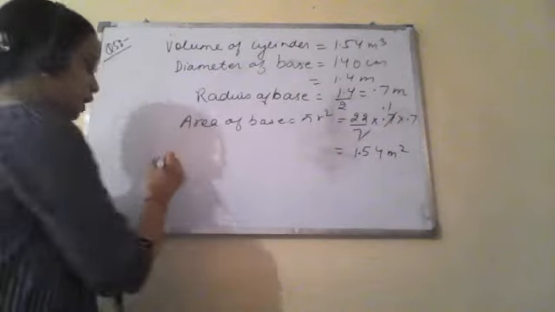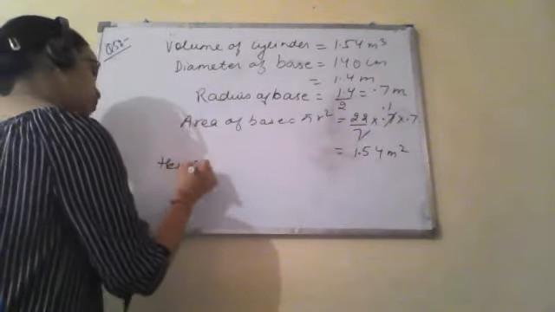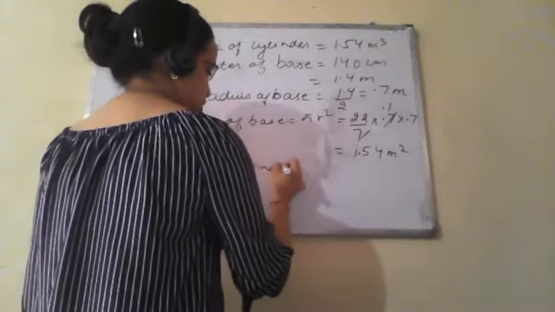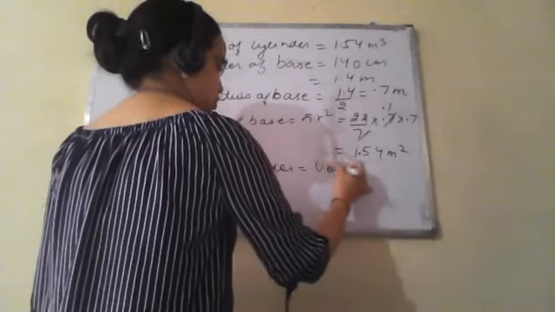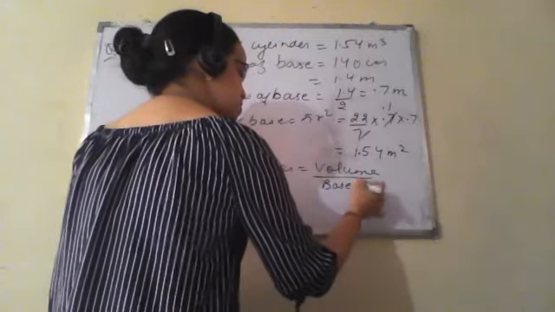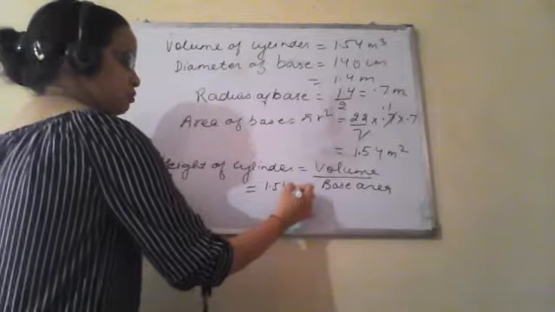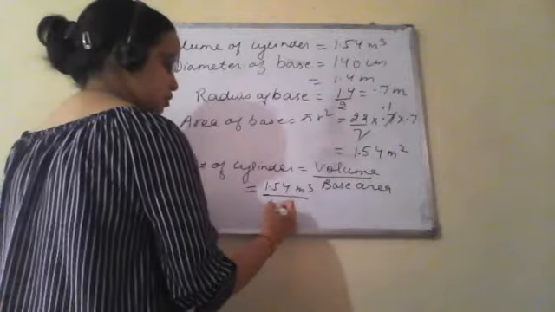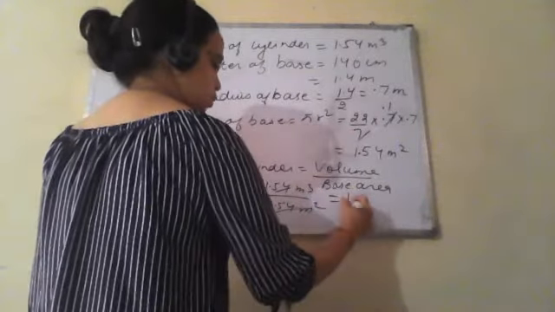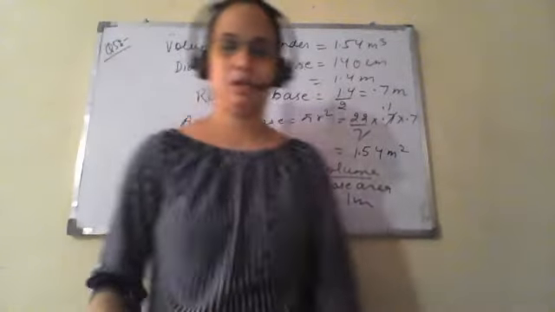Now we can calculate height. Height of cylinder will be volume of cylinder divided by base area. So volume was 1.54 meter cube and area was 1.54 meter square. So we can cancel out, it is 1 meter. So height of cylinder is 1 meter. Clear?